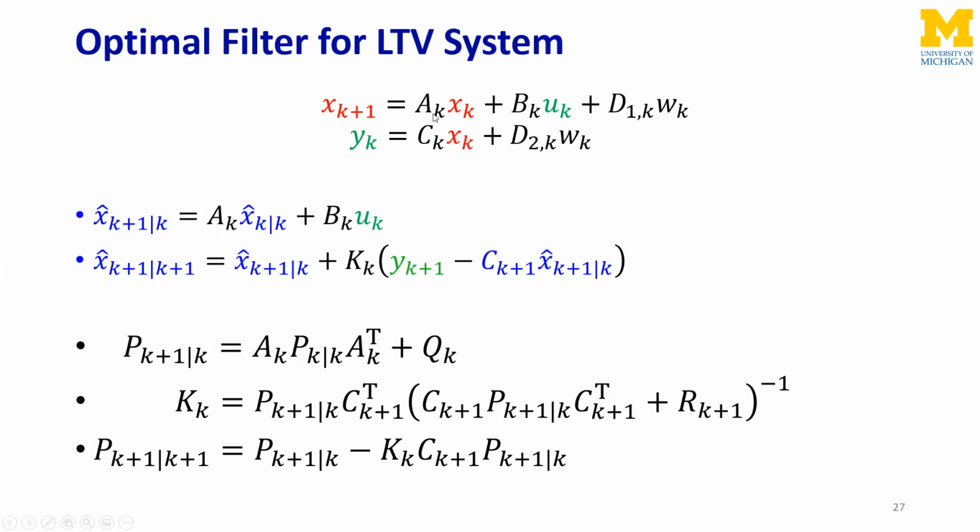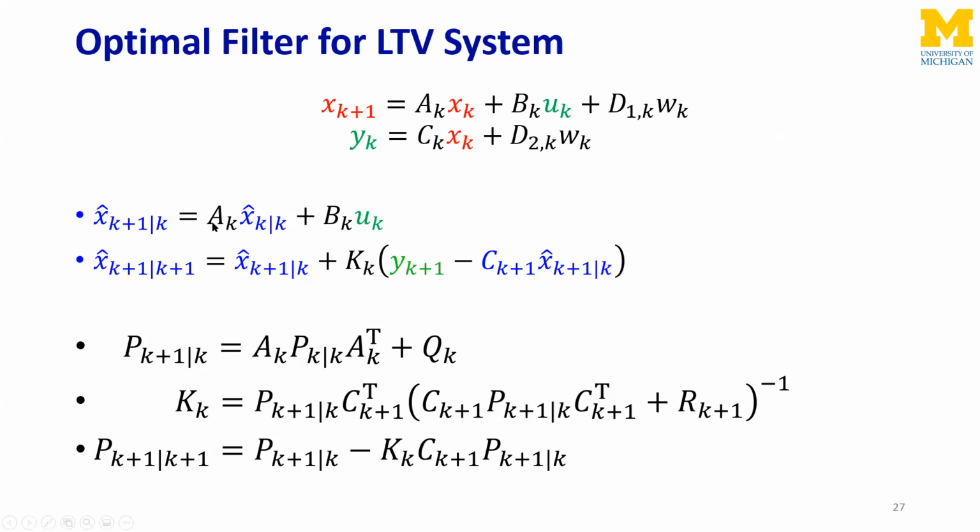You can carry out exactly the same sort of derivation, and if you set the matrices, instead of writing A, B, C, D1, D2, you wrote A_k, B_k, and so on, you will find that the equations of the estimate of the predictor and the filter are exactly the same.